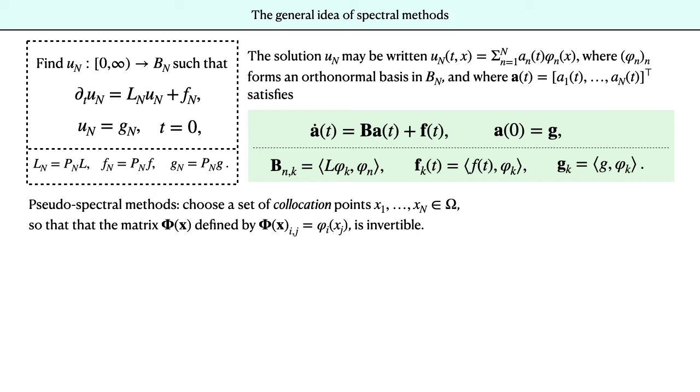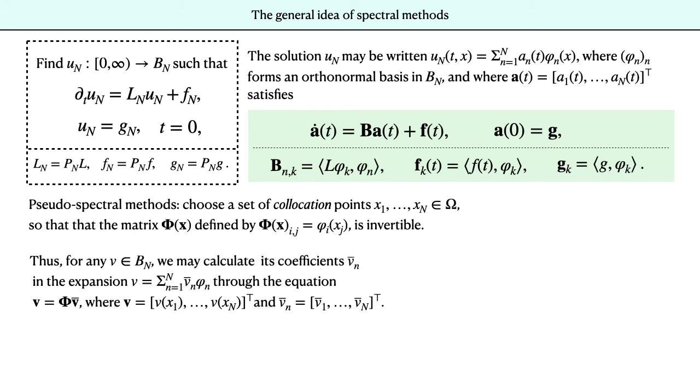So it is a way to map the space Bn, which is spanned by your n basis functions, into Rn. Now, for any v living in Bn, you can calculate its coefficients by knowing what value v takes at these collocation points x1 up to xn.